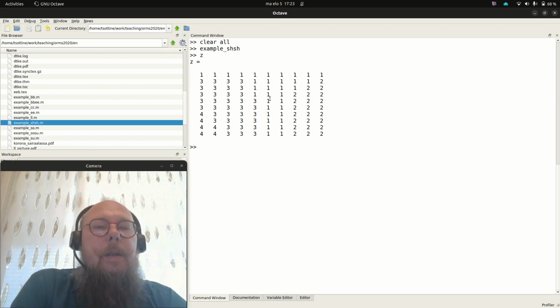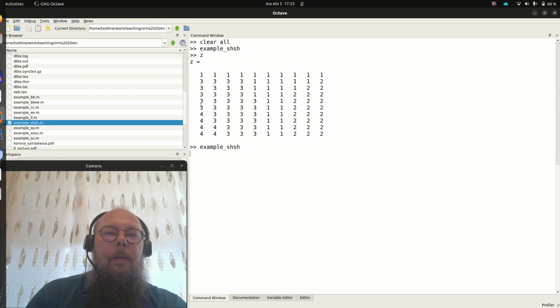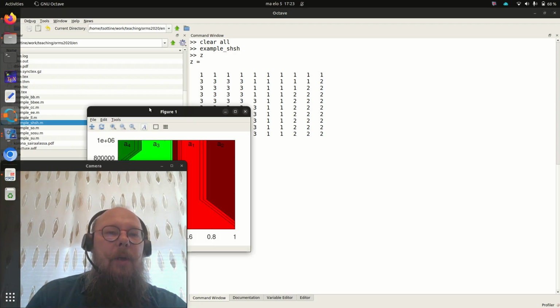So this is the matrix that tells the optimal decisions. And here R0 is small and increases. So this is this here. Let me get back the picture.